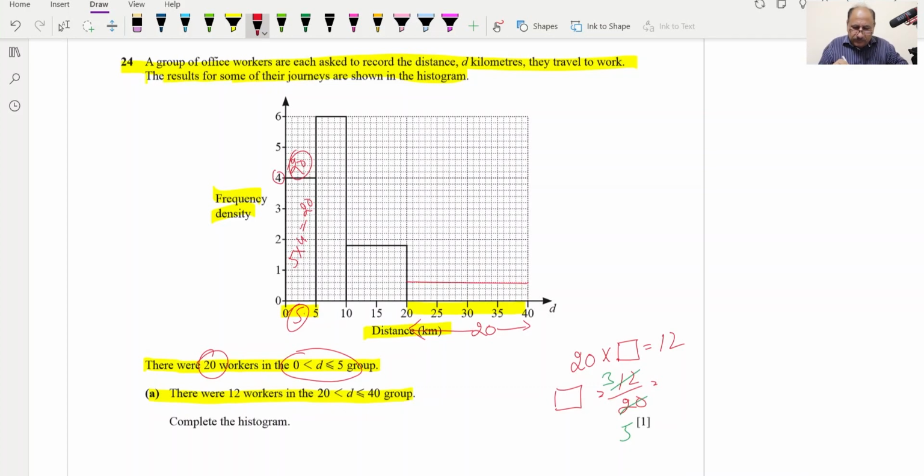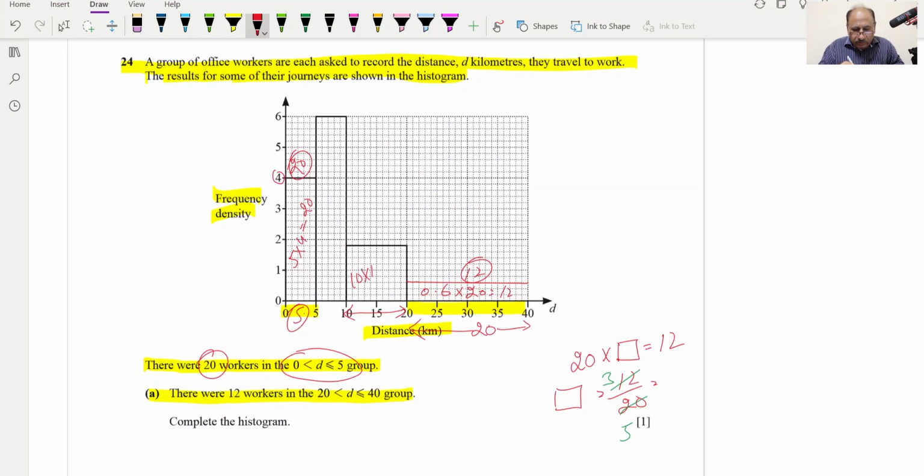So we can take 0.6 height up to this line. We can draw like this. So 0.6 multiplied by 20 will be equal to 12, and this height is 12. There are 12 basically people. And over here we can take this 10 to 20 is 10. So 10 will be multiplied by height, which is 1.8.